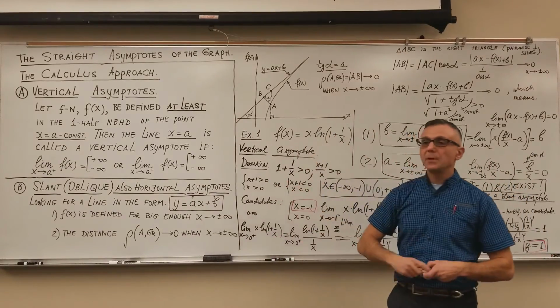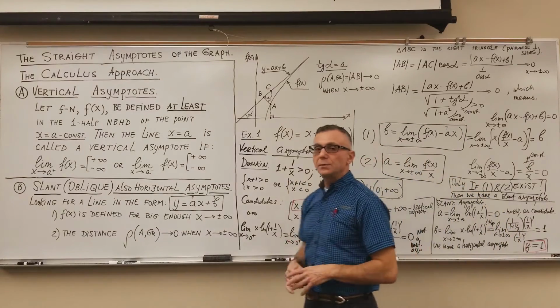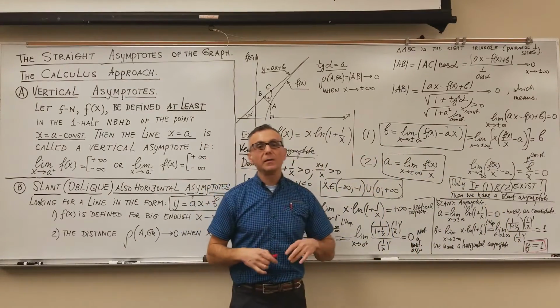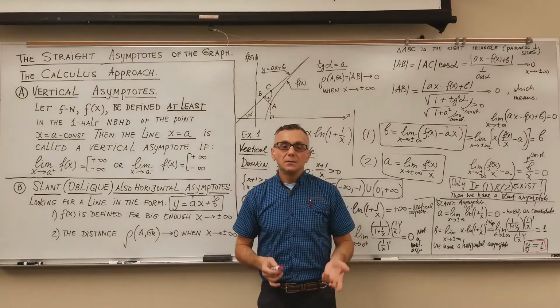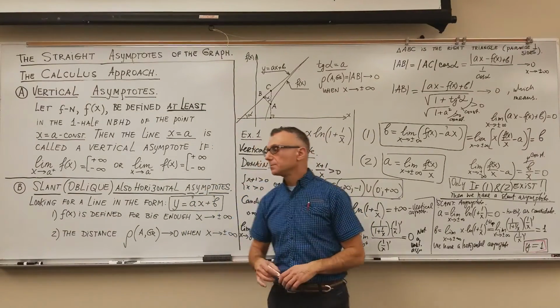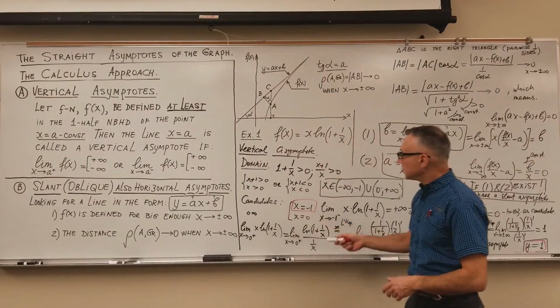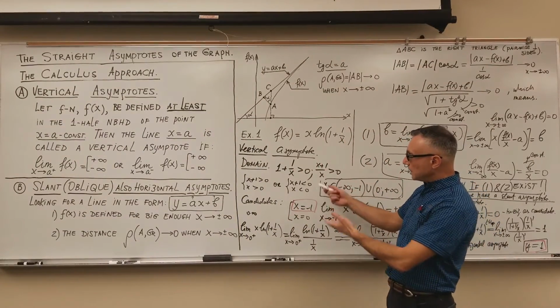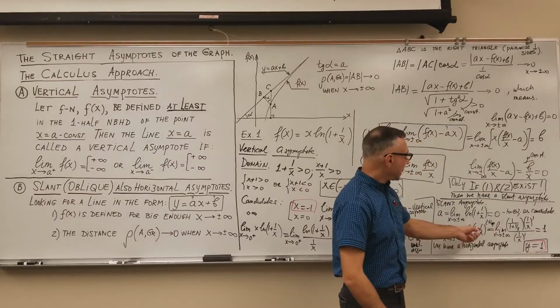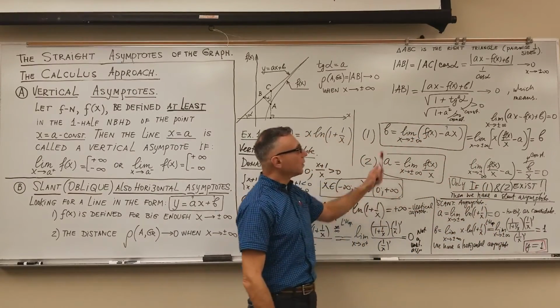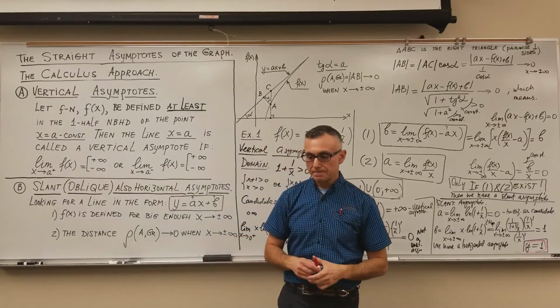In this example, I have used a calculus approach involving limits to find the equation of the slant asymptote. We also found vertical asymptotes by looking at the domain, and the slant asymptote by looking at those two limits.